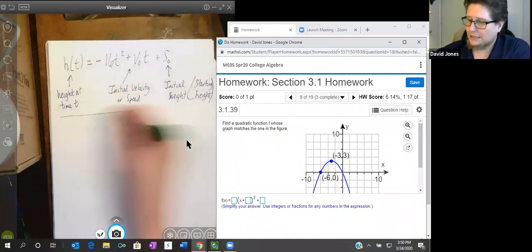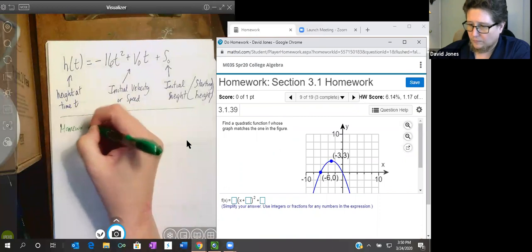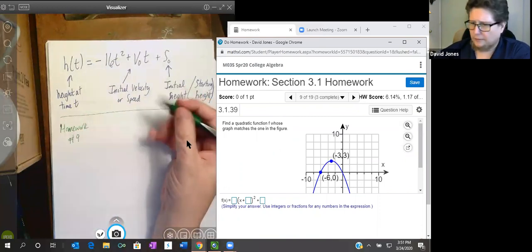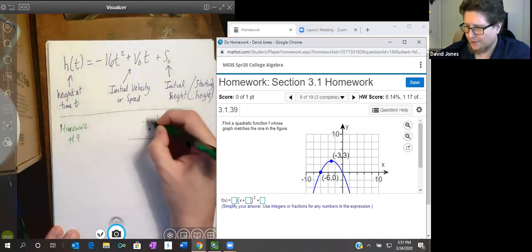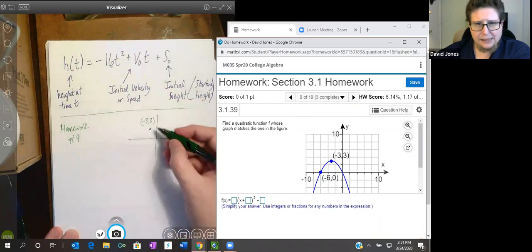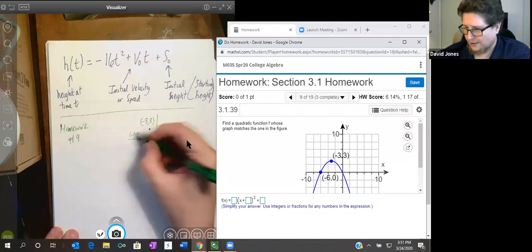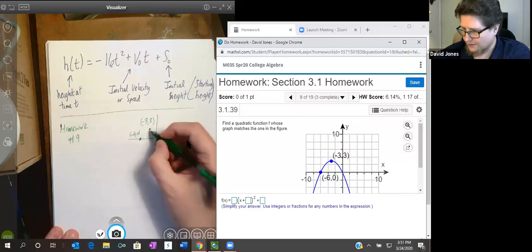So homework, looking at problem number 9. I have a graph where the vertex is at -3, 3. And they show me one of the x-intercepts is at -6, 0. And it looks like it crosses at 0, 0 as well.